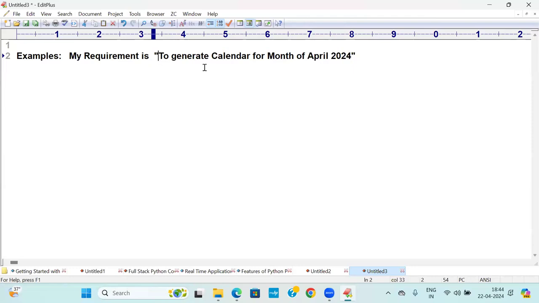If we want to generate a calendar for the month of April 2024, if I take C language, C++ language, Java language, C#.NET language, and finally Python language, which one is easy to write the coding for? That is the question.